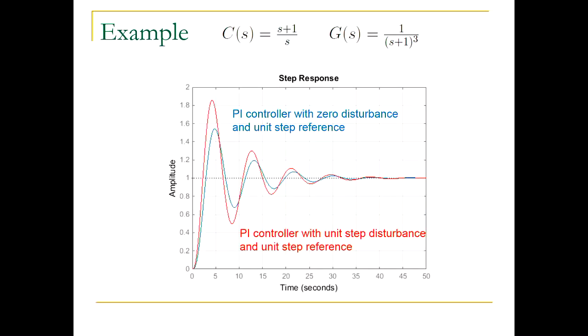The PI controller with 0 disturbance and unit step reference is given by the blue curve. The PI controller with unit step disturbance and unit step reference is given by the red curve. What we can see from this is that when we have disturbance, it indeed disturbs us. The overshoot is larger. So the transients are not identical in the two cases. But both of these achieve 0 steady state error.